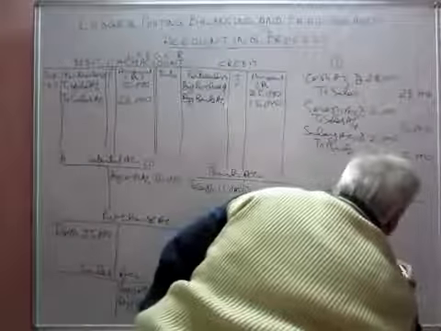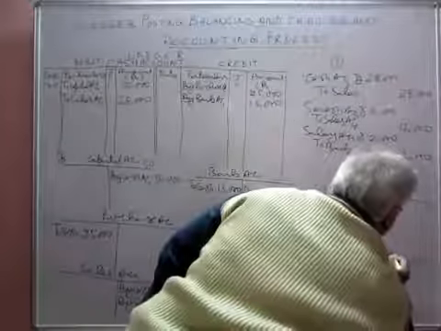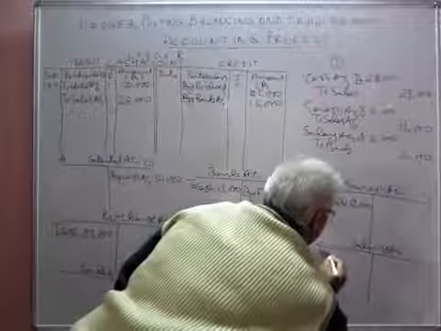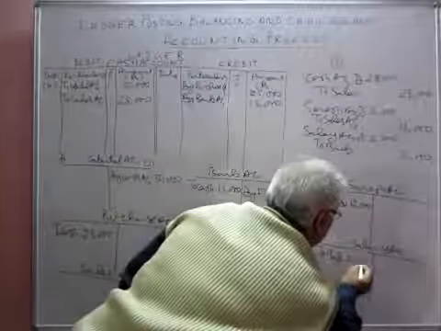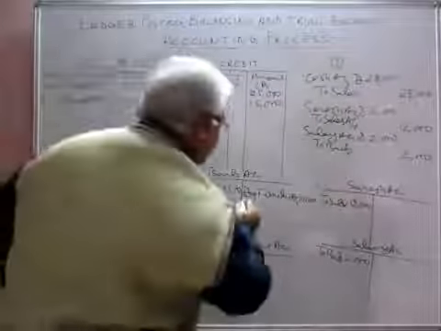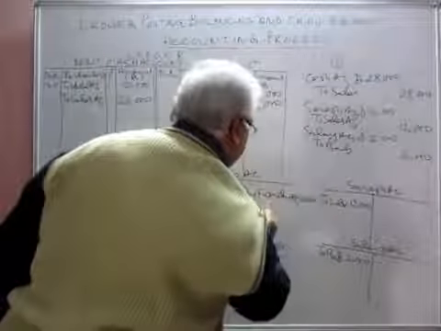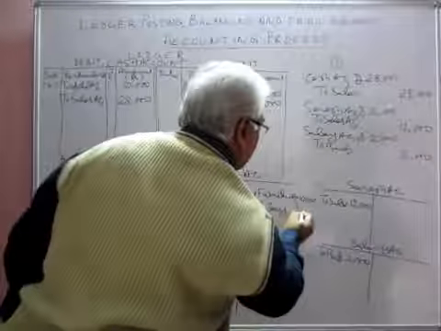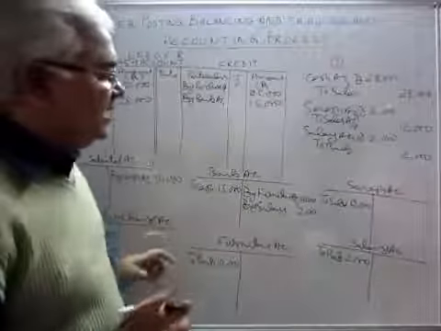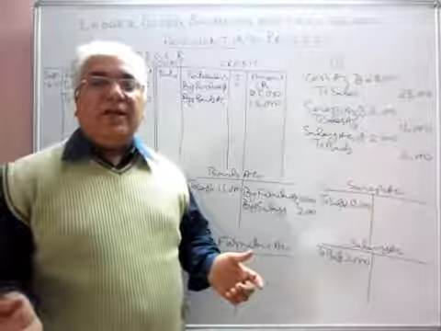So salary account, it will be debited to bank 2,000, and bank account will be credited by 2,000 by what? Salary 2,000.